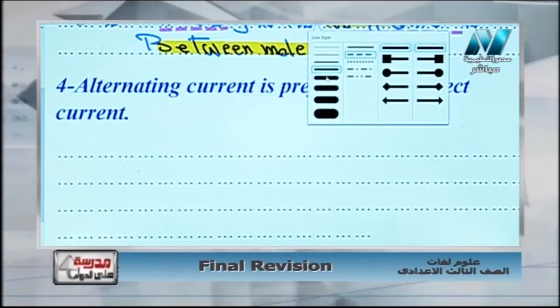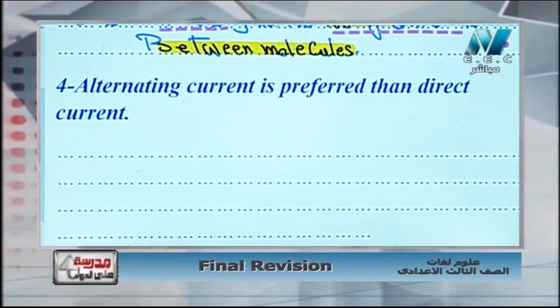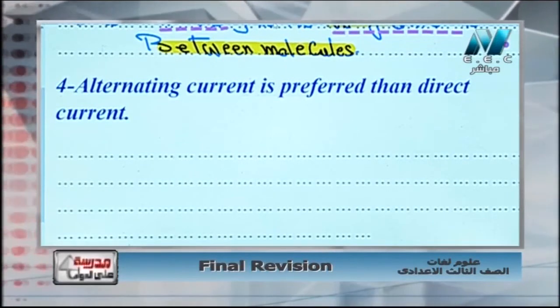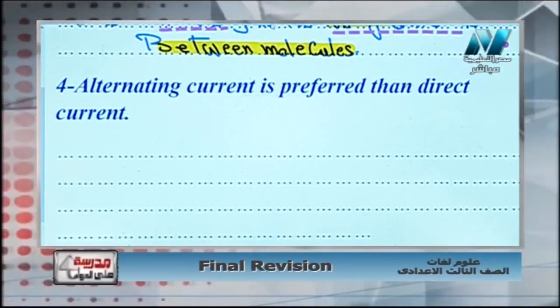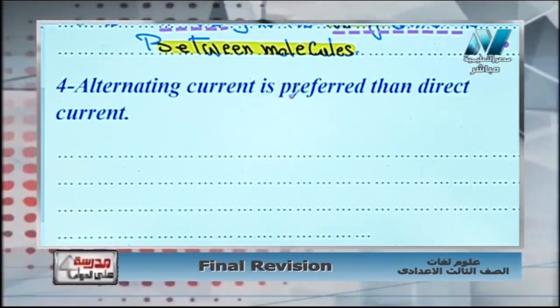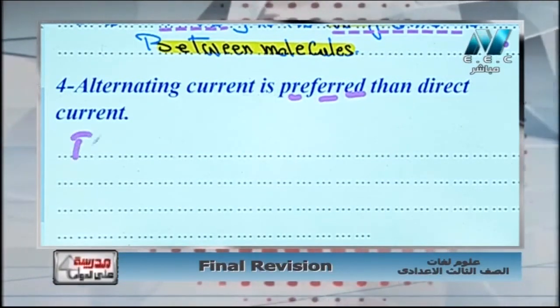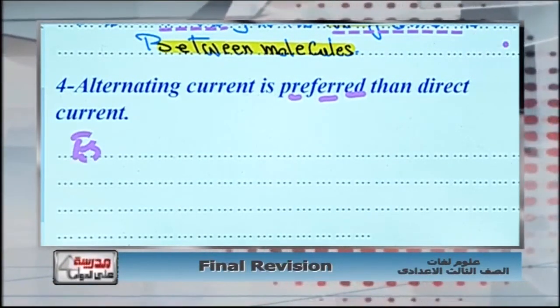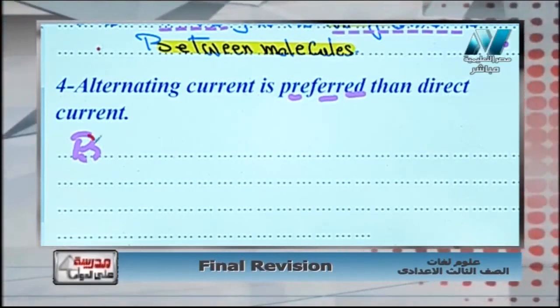Next question is: alternating current is preferred over direct current. So here we have a comparison between alternating current and direct current, but here we prefer to use the alternating current. يبقى أقول له because طبعا we have more than one reason here.